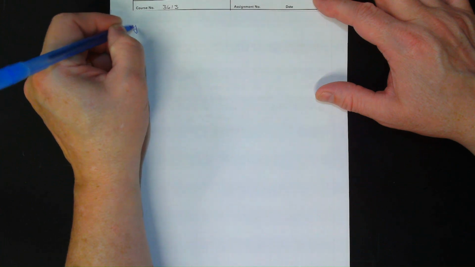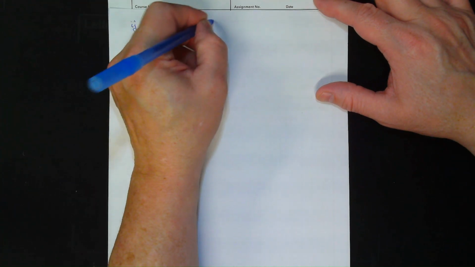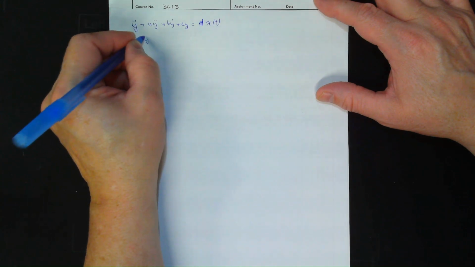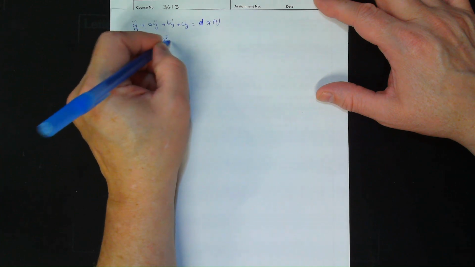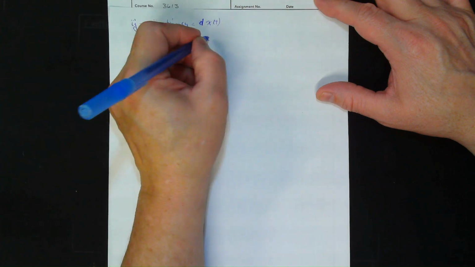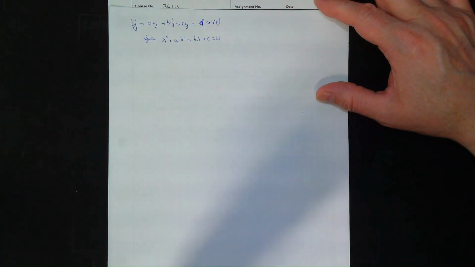If somebody comes in and gives you a differential equation, y triple dot plus a y double dot plus b y dot plus c y equals d times some input, we would form lambda cubed plus a lambda squared plus b lambda plus c equals 0. And we get the roots of this thing, okay?